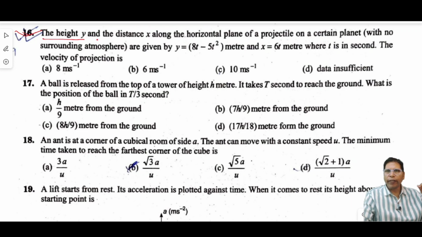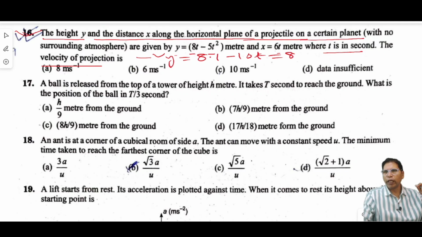Now, question number 16. The height y and distance x along a horizontal plane of a projectile on a certain planet is given by y equal to 8t minus 5t square and x equals 6t meter. t is in second, the velocity of projection. Now look at this, Vy is equal to 8 into 1 minus 10t.